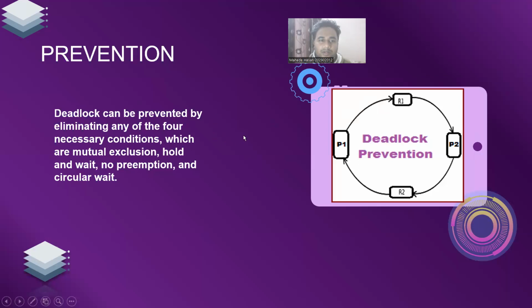It means that we design such a system where there is no chance of having a deadlock. Deadlock can be prevented by eliminating one of the four necessary conditions, which are mutual exclusion, hold and wait, no preemption, and circular wait.